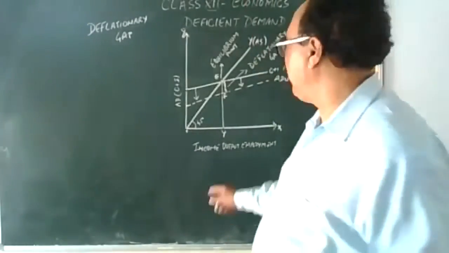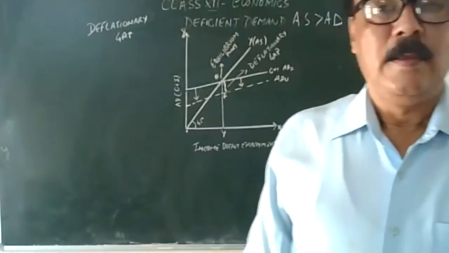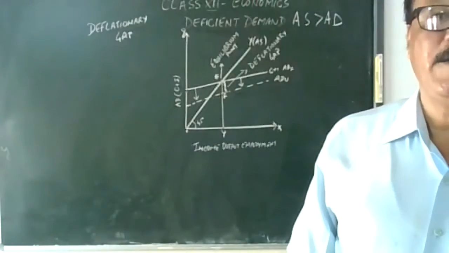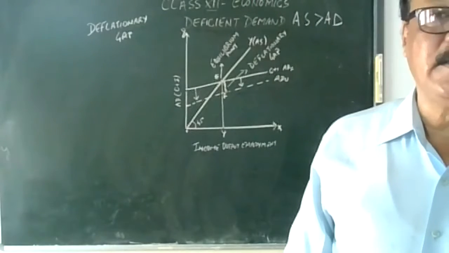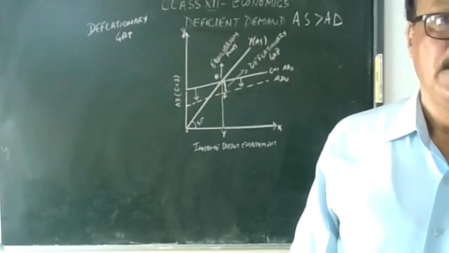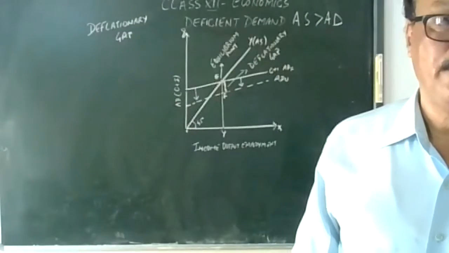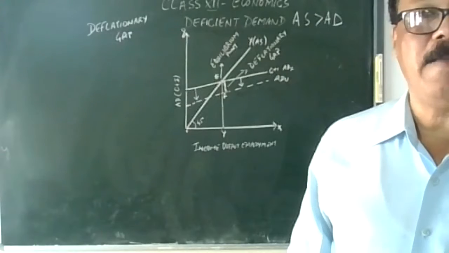Now write down explanation to the diagram. The x-axis measures the level of income, output, and employment.